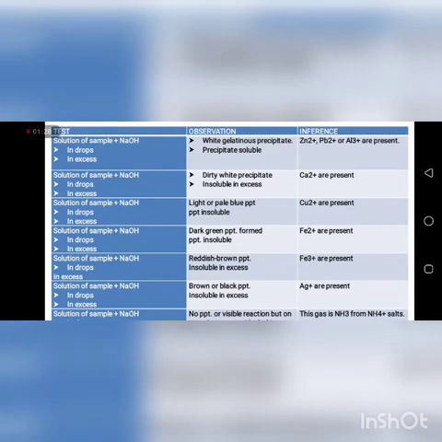First, a solution of the unknown sample. You will be given a salt, so you put it in a test tube, dissolve it in water, and add sodium hydroxide in drops.